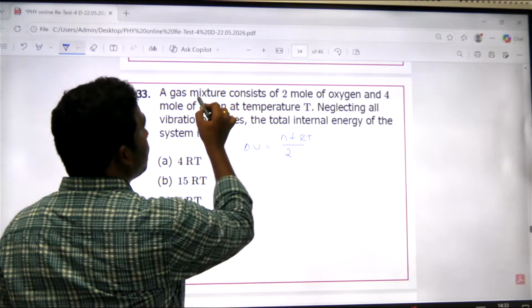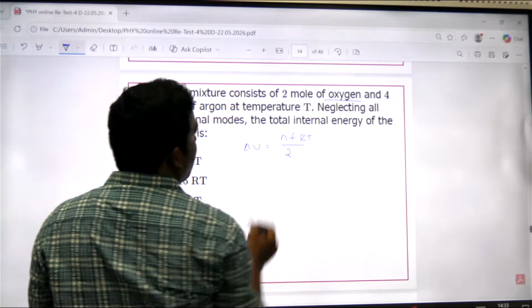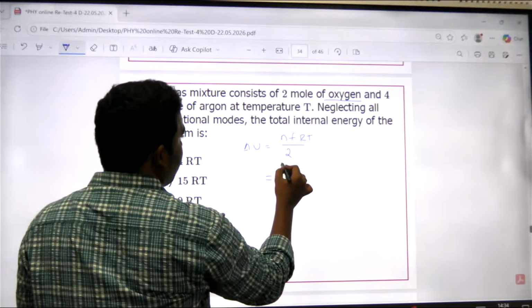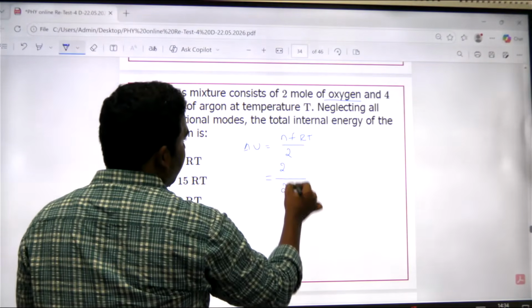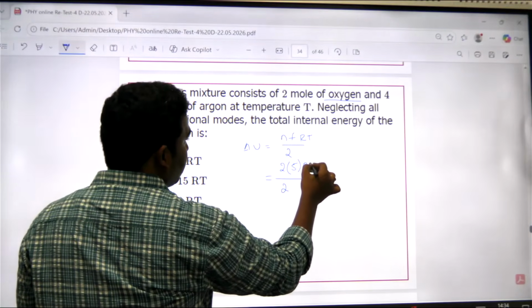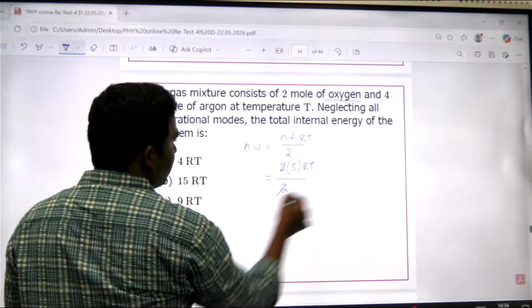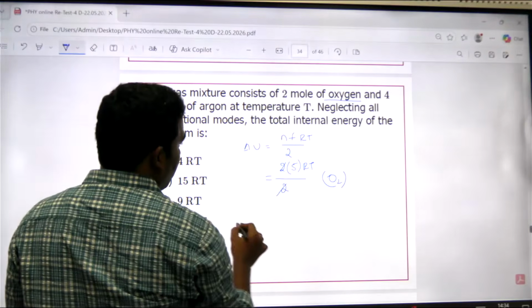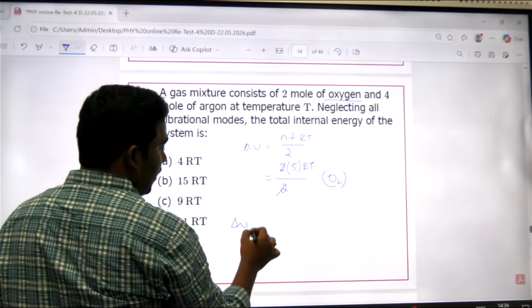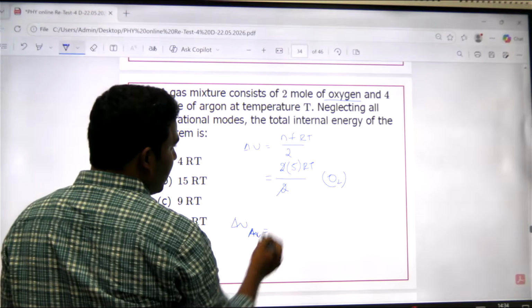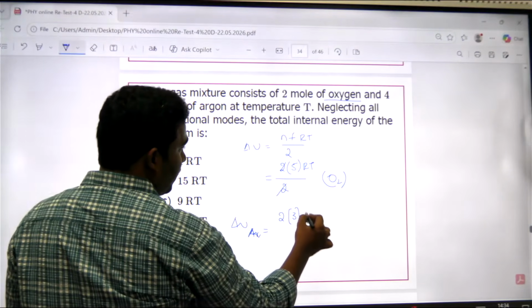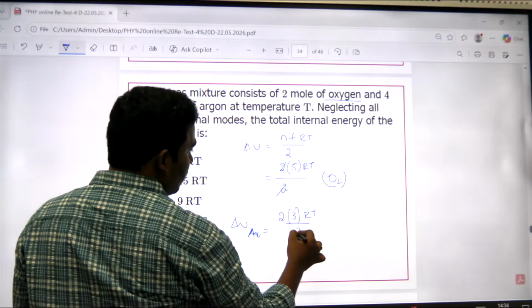Oxygen, 2 moles, is diatomic. So n is 2, and the degrees of freedom for diatomic is 5, so 5 RT for oxygen. What is it for argon? Argon is a noble gas, for which the degrees of freedom is 3, into RT divided by 2.